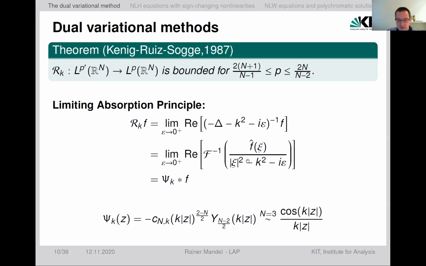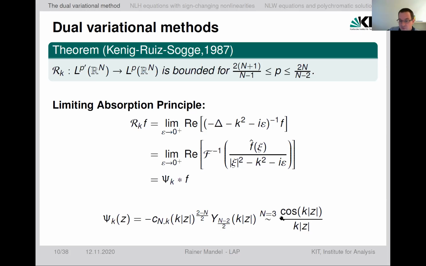If you want, I can try to give more details later on. One can also give an alternative description of this operator in terms of a convolution operator, which is oscillatory. So here you have some definition in terms of Bessel functions, which in the case n equals 3 simplifies to such an expression.